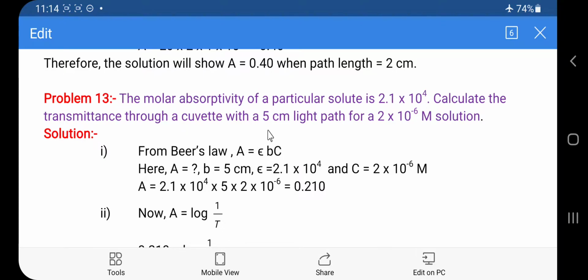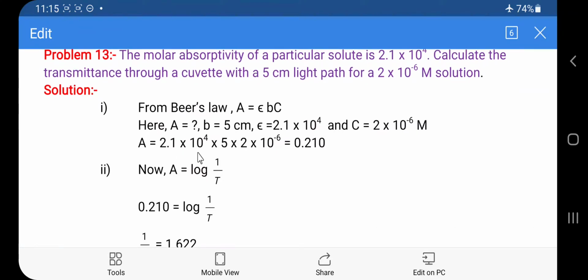The path length is 5 centimeter, the molar absorptivity is 2.1 × 10^4, and the concentration is 2 × 10^-6. Substituting these values, A is equal to 2.1 × 10^4 multiplied by 5 into 2 × 10^-6, which is 0.210. So the absorbance is 0.210.